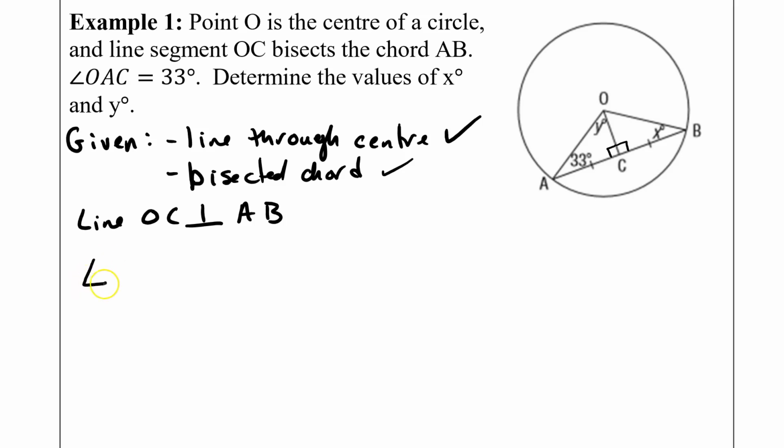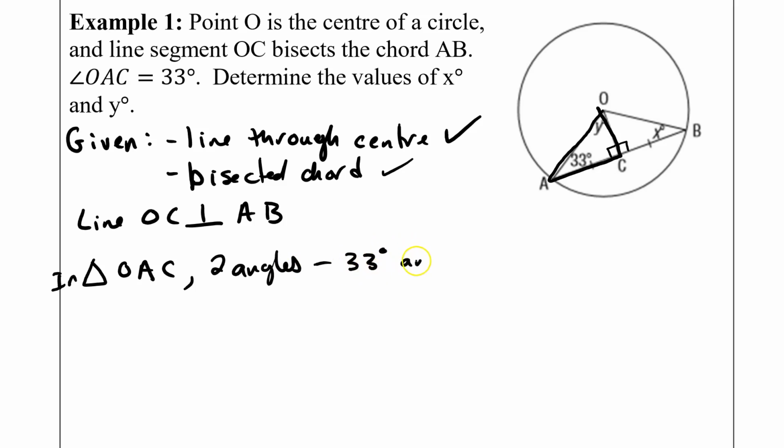So in triangle OAC, we have two angles. We have 33 degrees and 90 degrees.